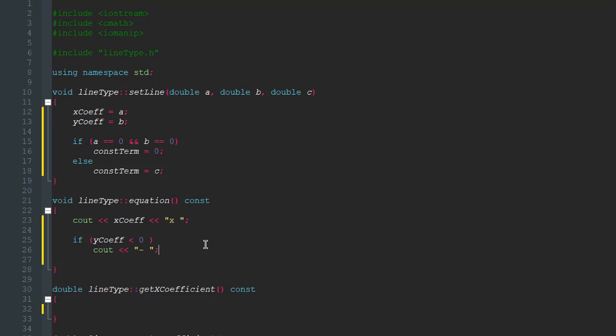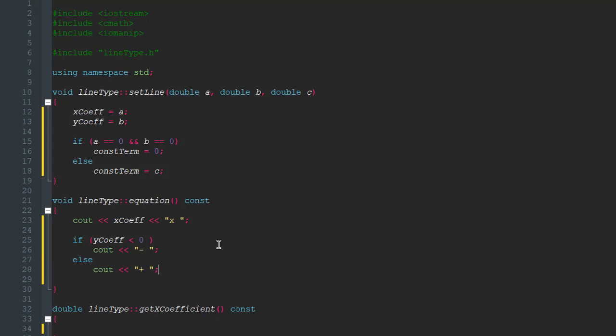The reason that we are doing this is because they don't automatically put a plus if something is positive, so we must have that plus there.